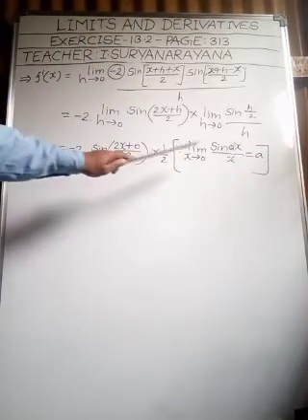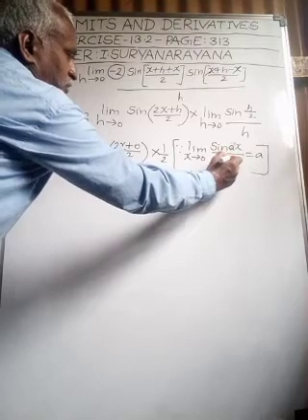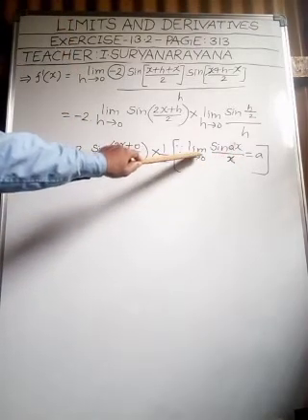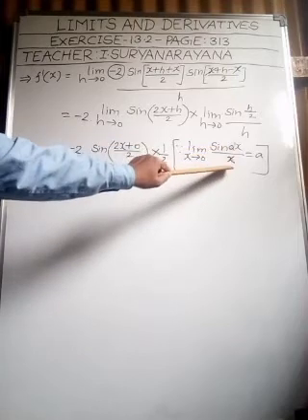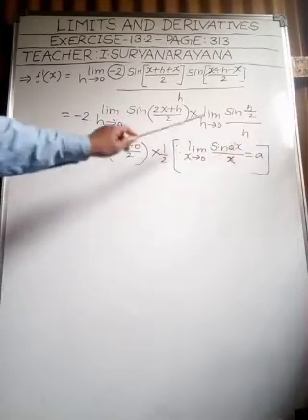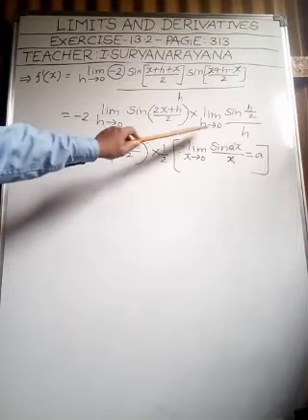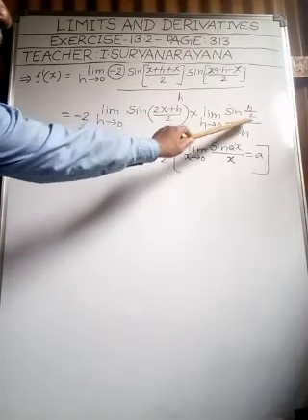I gave the list of standard limits. In that list of standard limits, this is also there. As x tends to 0, limit of sine ax by x is equal to a. So here x is equal to h. Okay, my dear children. A is equal to 1 by 2.